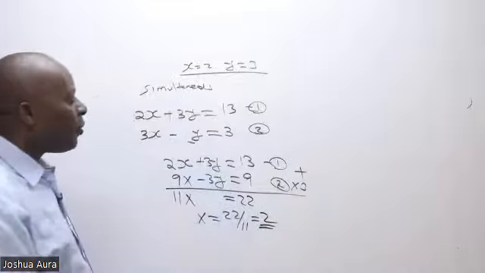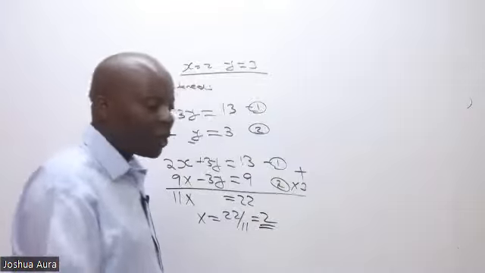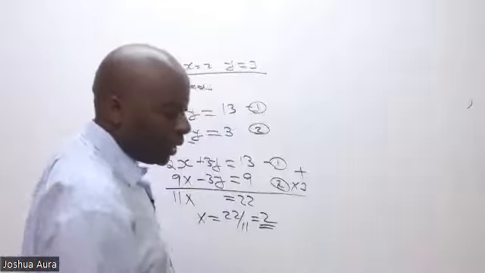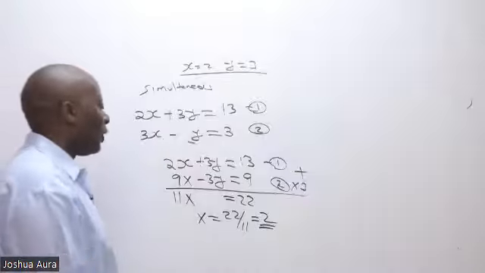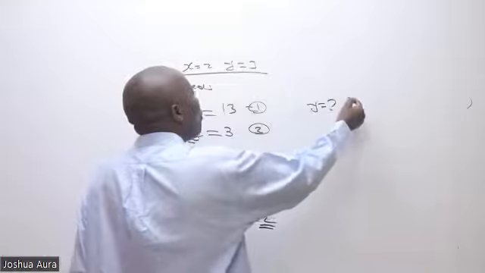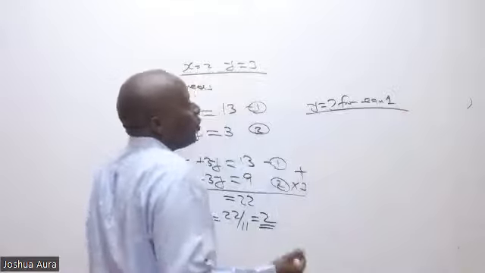And of course, now the moment you give me the value of x, I will very easily give you the value of y through substitution. So I'll pick any of the equations here. I will calculate the value of y from equation 1, or equation 2, it doesn't matter.